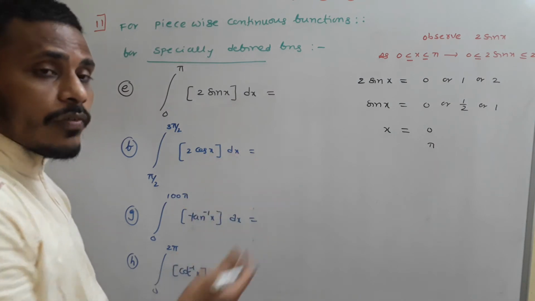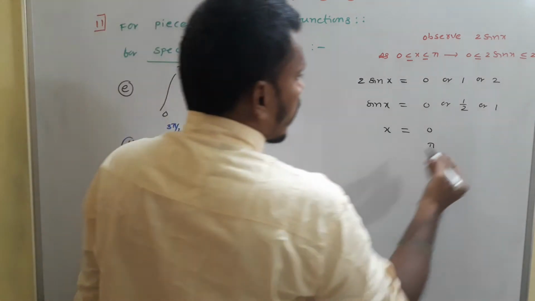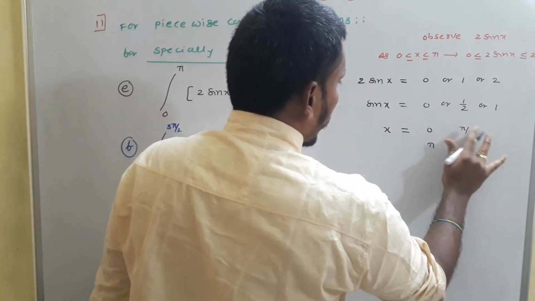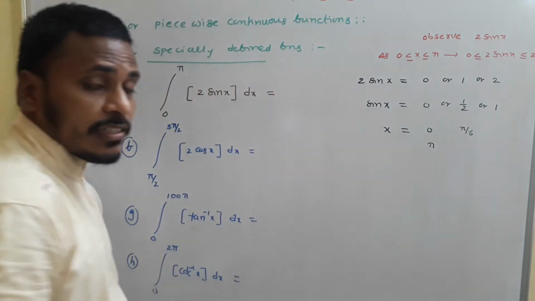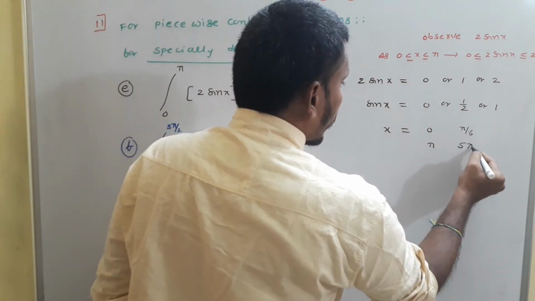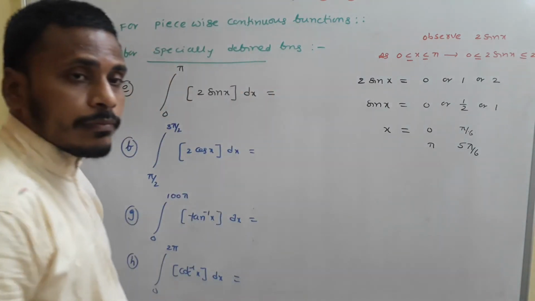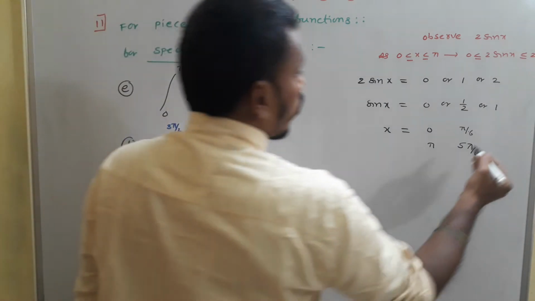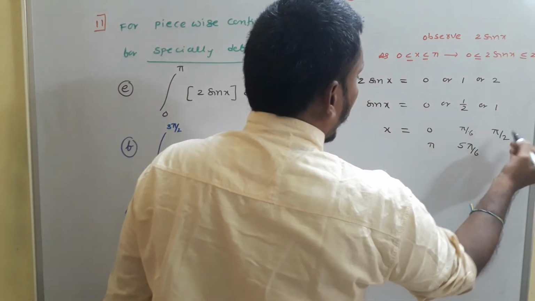At what values of x is sin x 1 by 2? Sin x is 1 by 2 at pi by 6, since sin 30 degrees is 1 by 2, and again at 5 pi by 6 the sin value is 1 by 2. And at what value of x is sin x 1? It is 1 at pi by 2.